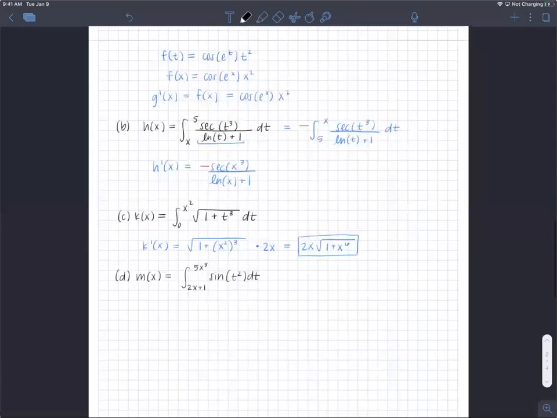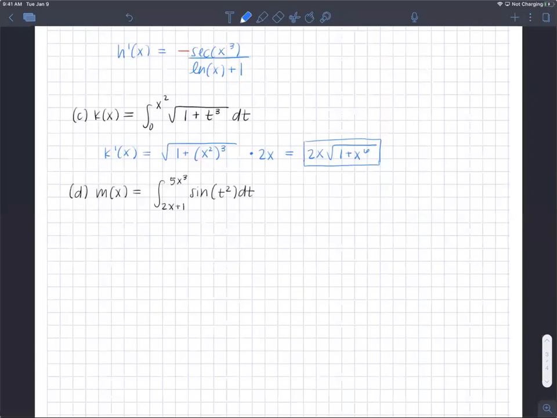And so when I scroll back down here, I kind of need to fix this a little bit. And so what I'm going to do is split this up into two separate integrals using some of those rules that I gave you last time. So rather than having it as one integral, I'm going to say that little m is equal to the integral from 2x plus 1 to 0 of sine of t squared dt plus the integral from 0 to 5x cubed of sine t squared dt.